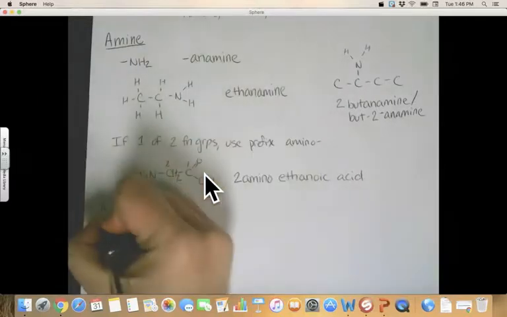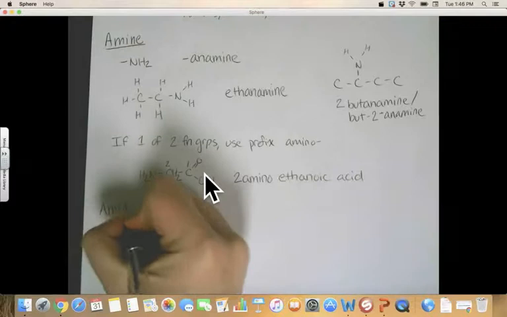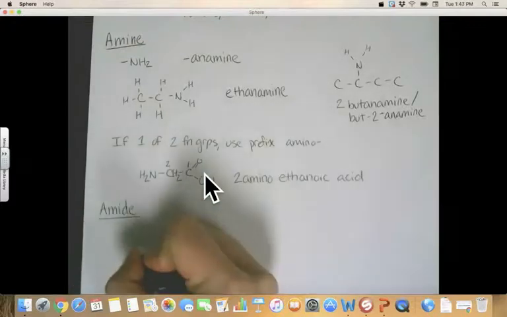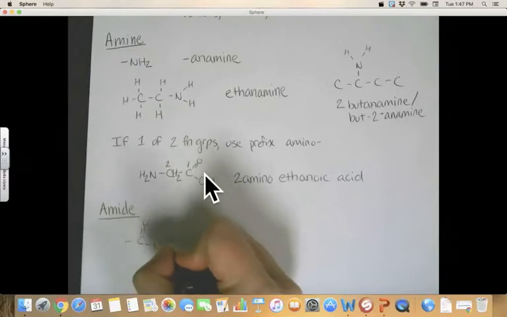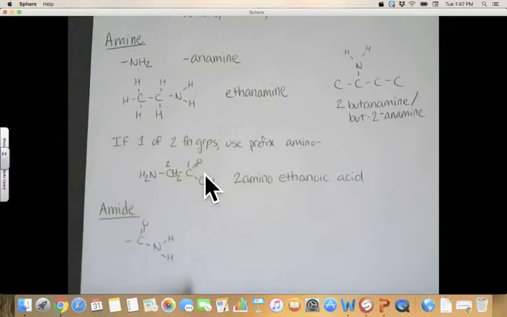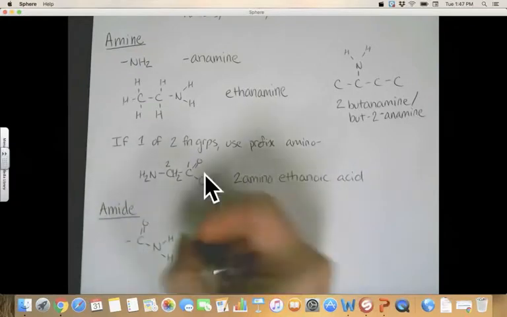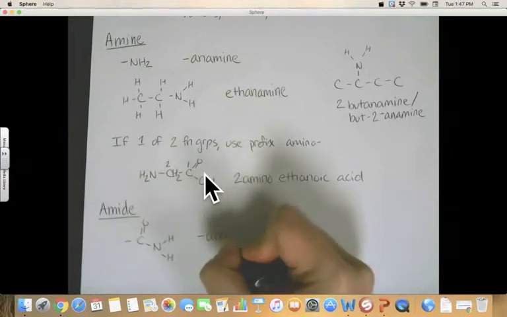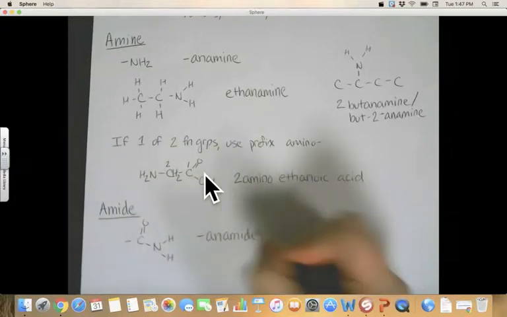Okay, group number 2, the amide group. This almost looks like a substituted carboxylic acid. So rather than our alcohol group, we have an amine. And so this is an amide. It's our suffix.